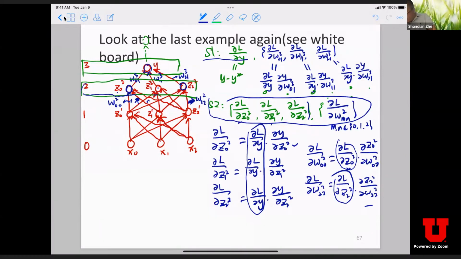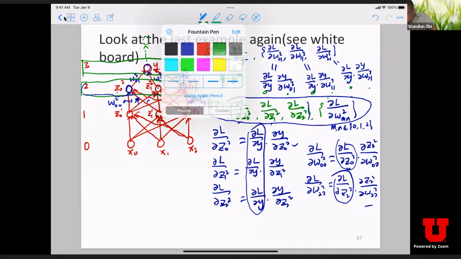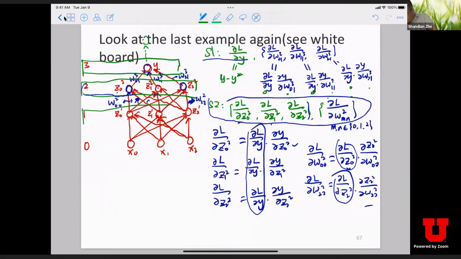Then in the third step, we move to layer 1, where our goal is again to compute the partial derivative of L with respect to every neuron in this layer. Of course, with those partial derivatives, it's straightforward to compute the partial derivative with respect to all the weights on the edges pointing to these neurons, right?